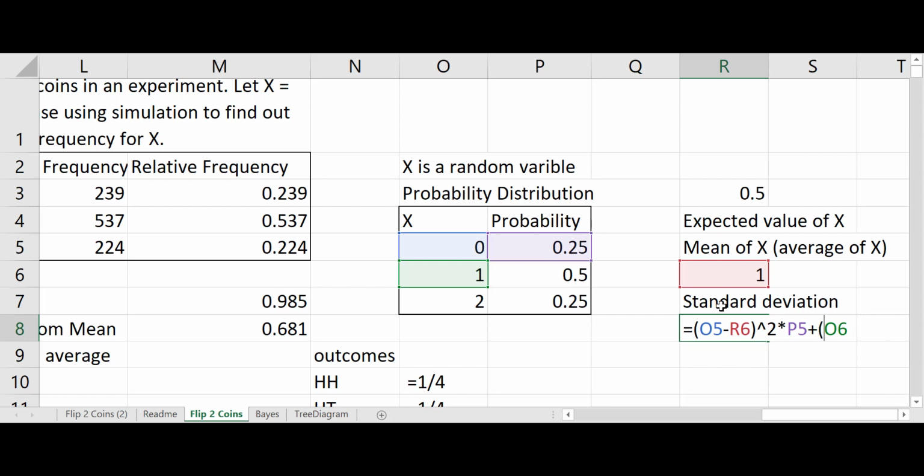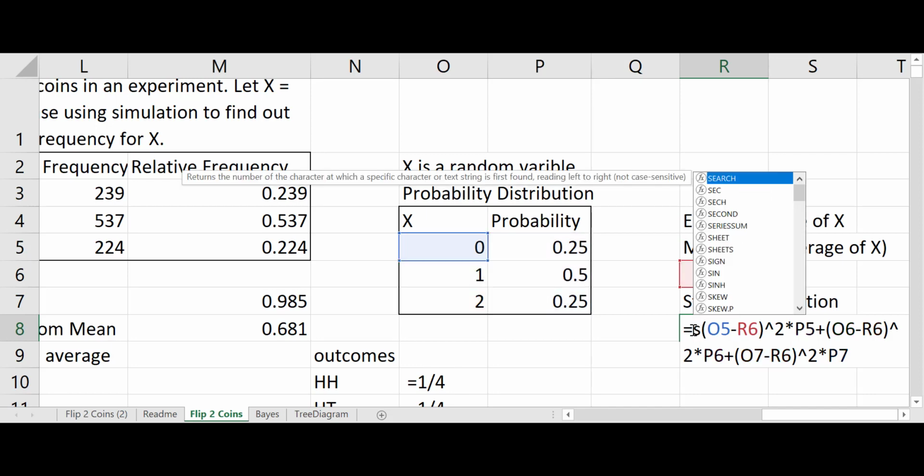How far away from this center, from the mean, the difference from the mean, squared, and multiplied by how often this happened, the probability. And plus the other possible outcome, how far away from the center, squared, and then multiplied by the probability. And then you need to take the square root.